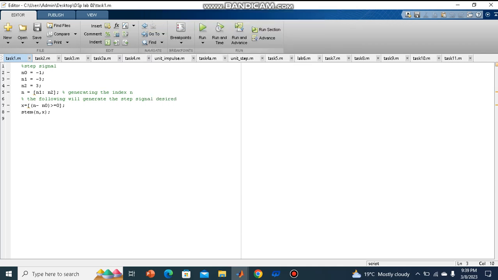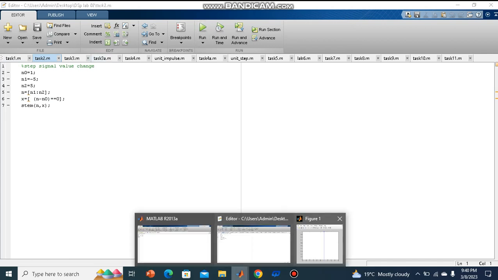Moving on toward the second task, which is also about the step signal, but we have changed the values, and we will get slightly changed results in this task. When we run it, we get a value like this.